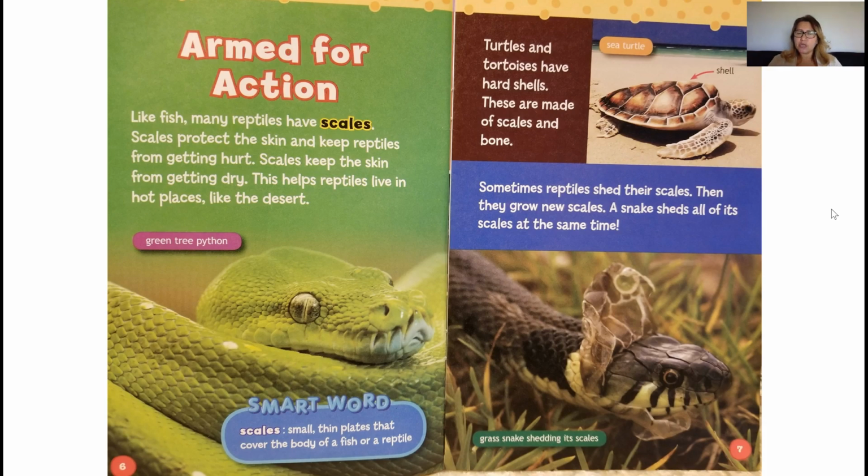But I want you to also have fun, boys and girls, and learn about all of these reptiles. Because our title is Reptiles and Amphibians, we will also be learning about amphibians. So today we learned about reptiles, and amphibians we will be learning in the next coming chapters.